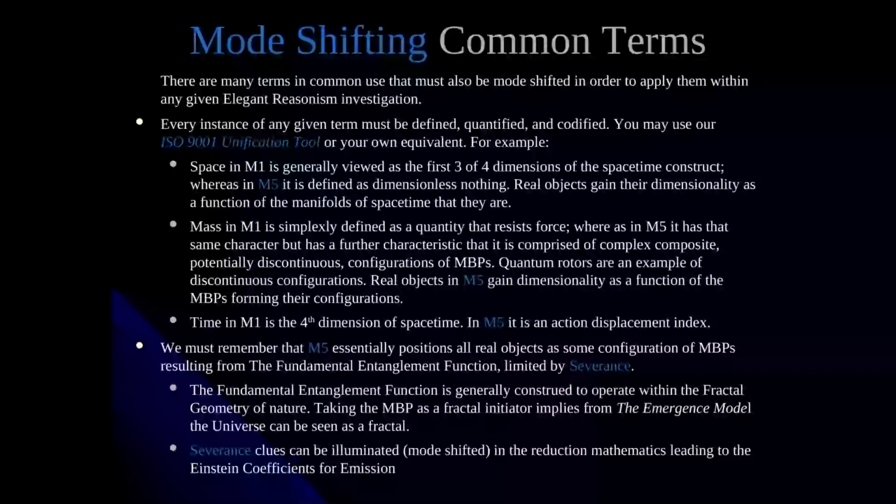In any event, clues can be illuminated or mode shifted in the reduction mathematics leading to the Einstein coefficients for emission. If you don't just look at the coefficients for emission, but you look at all the math that leads up to those, there's a fairly long equation that is shortened, so the terms in the equation cancel out.